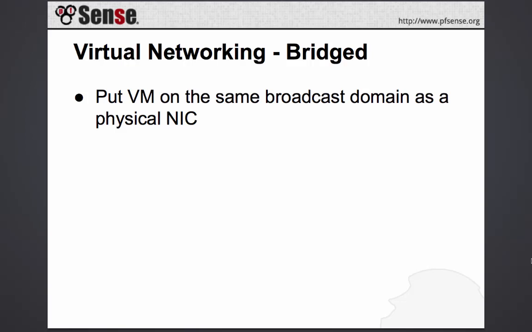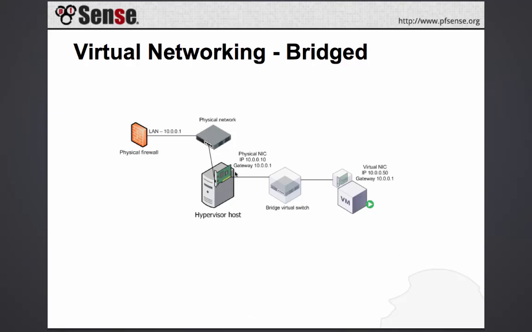So a bridge network will put the virtual machines connected to that internal vSwitch on the same broadcast domain as a physical NIC. So it will essentially look like this, where you have your physical NIC in the machine connected out to your physical network, where you have a physical firewall in this example.